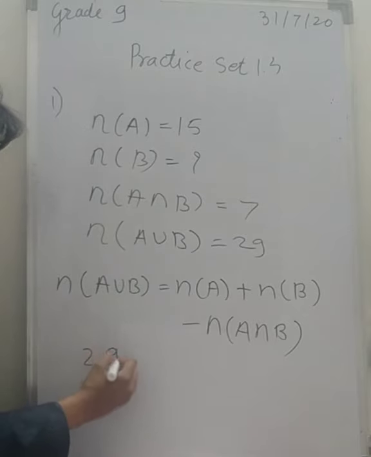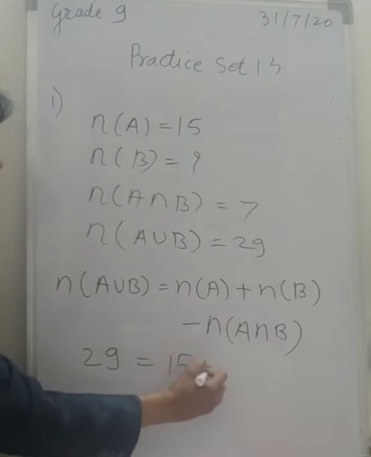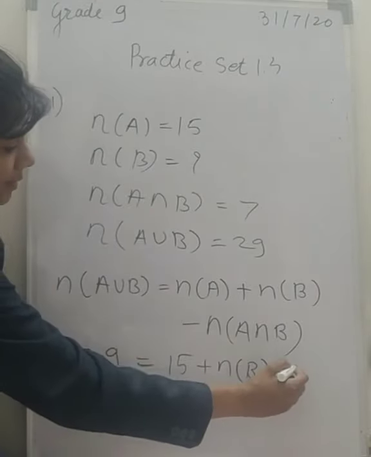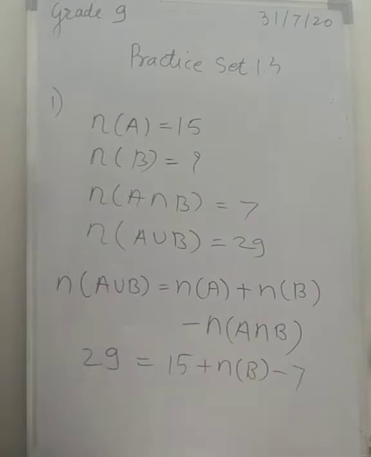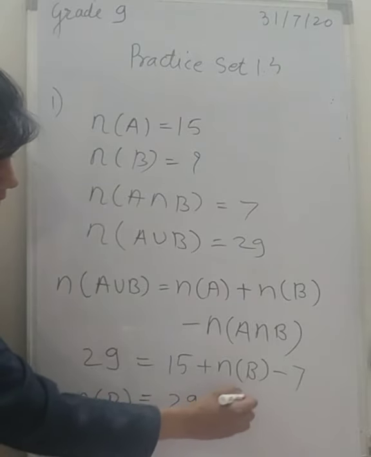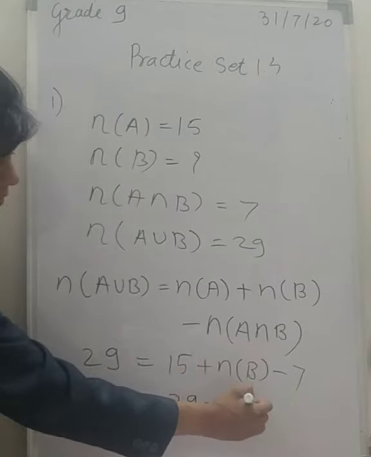So 29 is equal to 15 plus n of B minus 7. So this n of B is equal to 29 minus 15, and this minus 7 is plus 7.